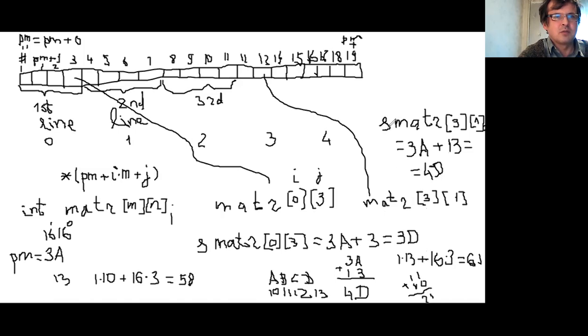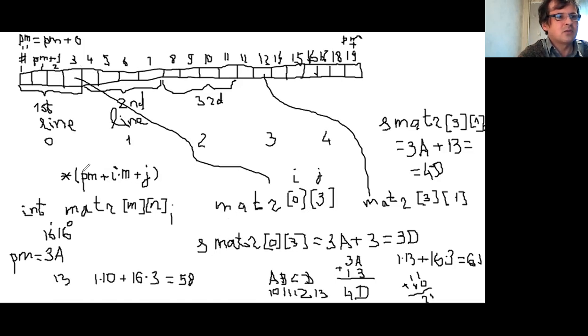Address of matrix 3, 1 value. This is the address of matrix 0, 3 value. The value must be put in this place. So this is the name of the value. This is the address of the value. This is the name of the address.